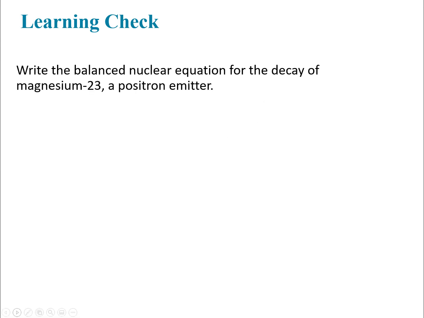Alrighty. So in the video, I did not go over a positron emitter. So I wanted to do that just to make sure that we had an example of every type of radiation. So you have a sample problem to reference for your homework and stuff. So for a positron emitter, we're starting with our magnesium-23.